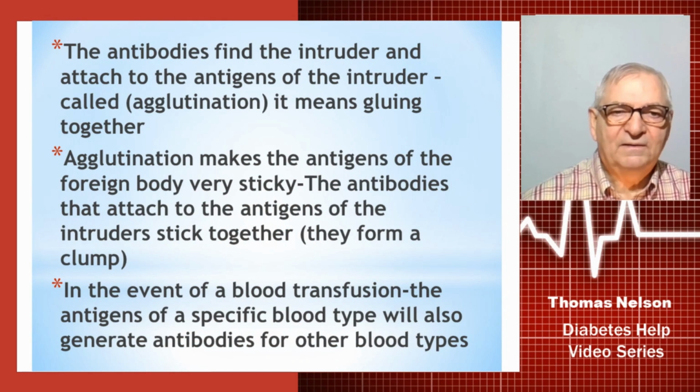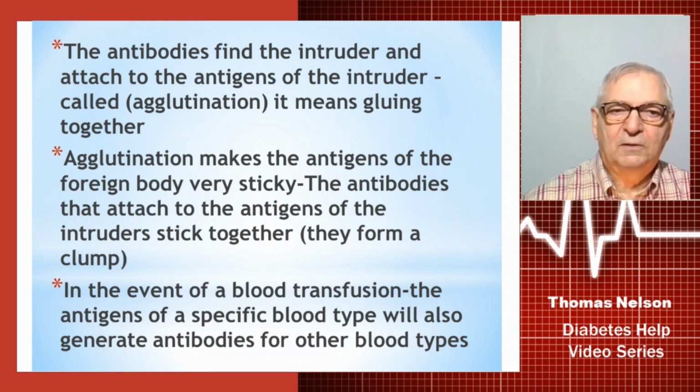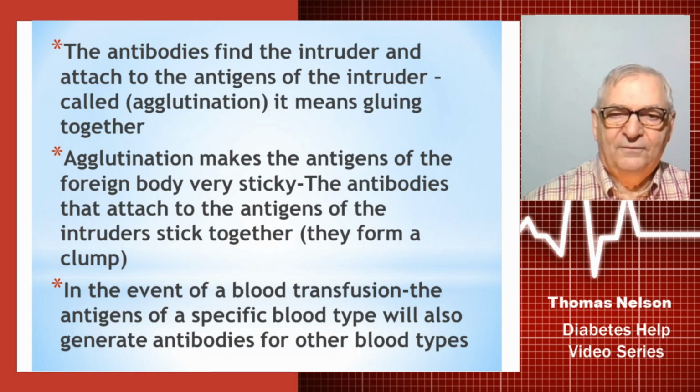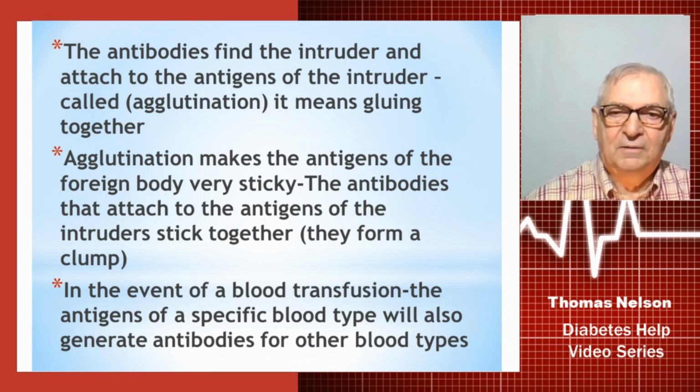It's a process called agglutination, which means gluing together. Agglutination makes the antigens of that foreign body very sticky, and so the antibodies that attach to the antigens of those intruders are going to stick together and form a clump. So you'll have a clump of all of these like invaders with their antibodies all glued together.